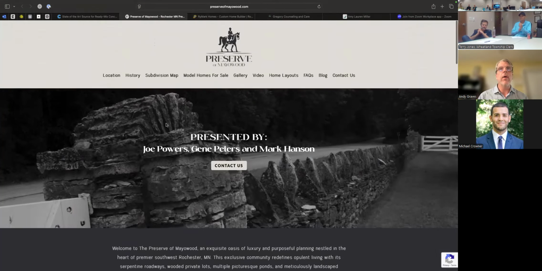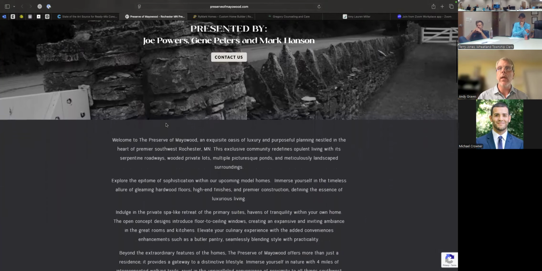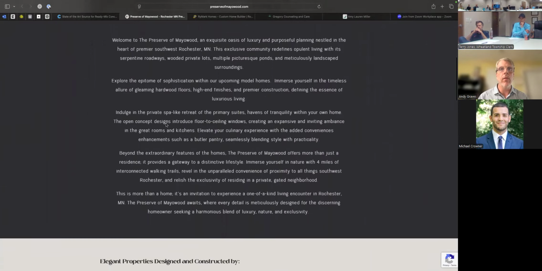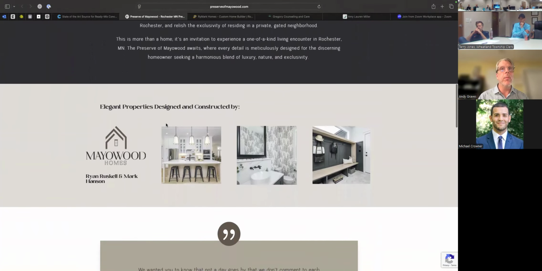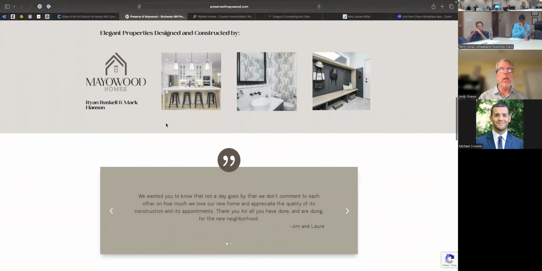So here's another one, Preserve of Mayerwood. You can again get a feel for our build process. We are a WordPress shop, and I think last I heard about 48% of the internet is built on the WordPress engine. What is wonderful about that is it is all open source development.